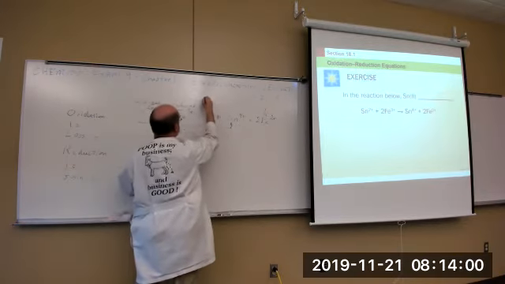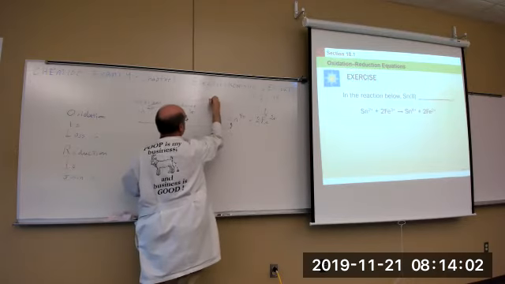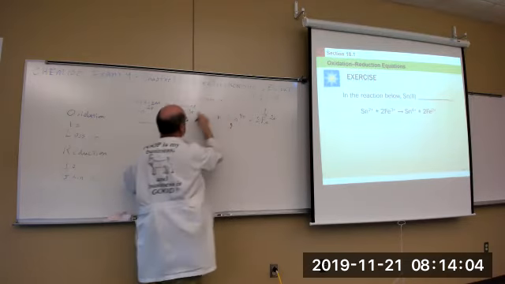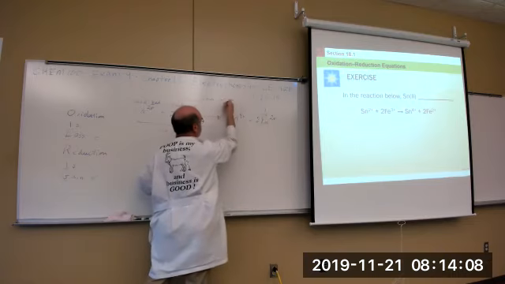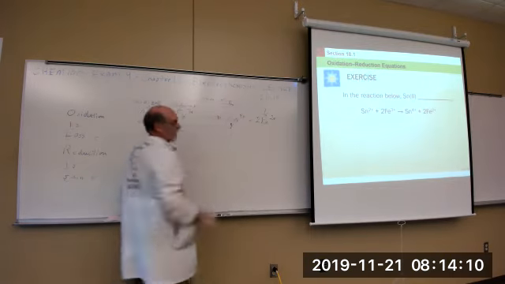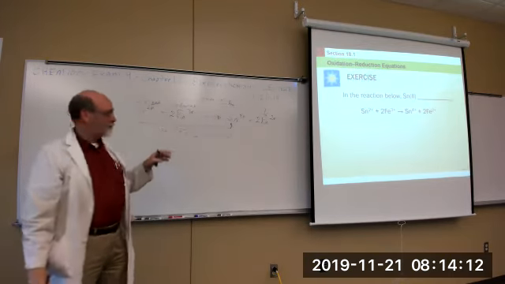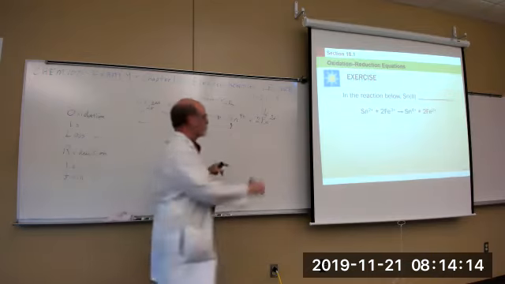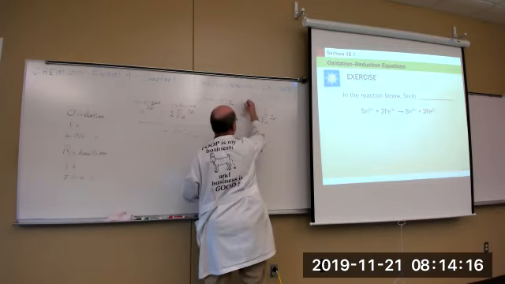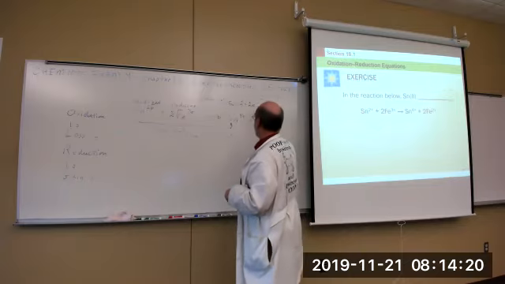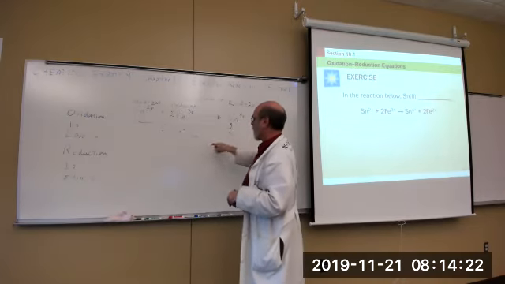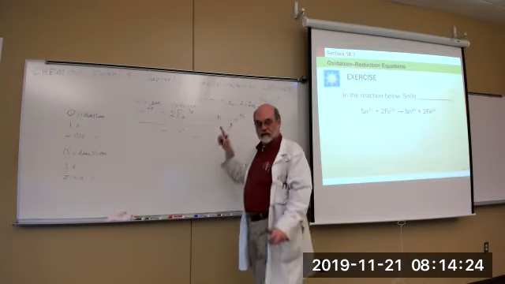Iron has gained 1 electron from 3 plus to 2 plus. 1 electron per iron atom. But we've got 2 iron atoms. So 2 electrons were lost here and 2 electrons were gained there.